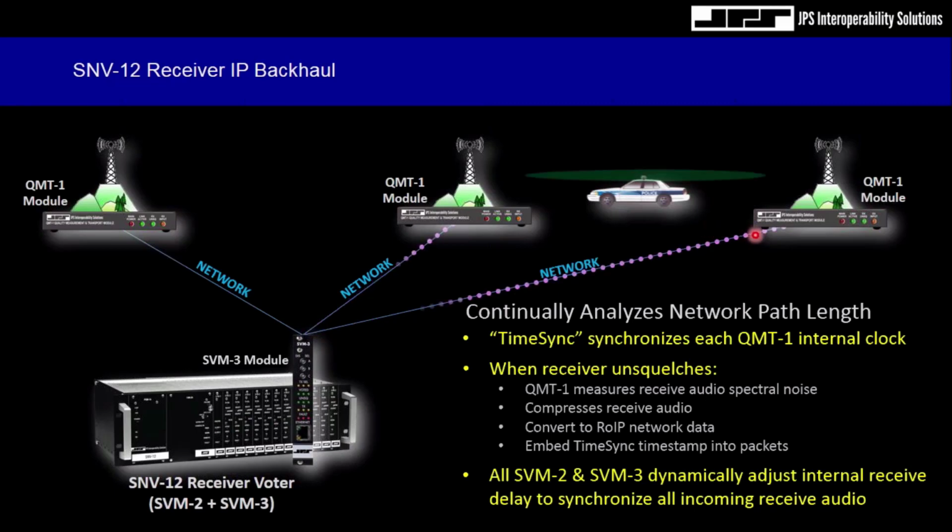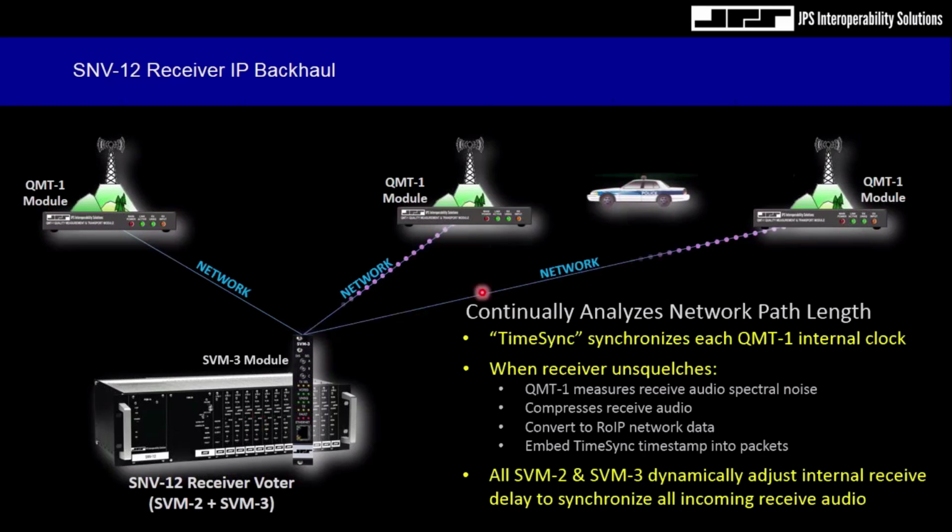The second thing that occurs is that each of the ROIP packets not only contains the spectral noise and the correlated audio, the voice that we're interested in, it also contains the time sync signature. Once delivered to the voter, the control processor module looks at all the time sync information being delivered from the subordinate sites and realigns the receive audio delay in not only the SVM3 module, but the SVM2 modules on a dynamic basis. So the time sync is important because that signature is contained in the ROIP data.